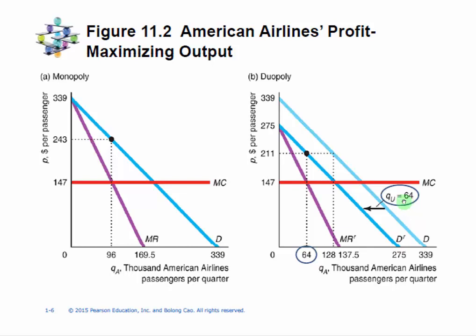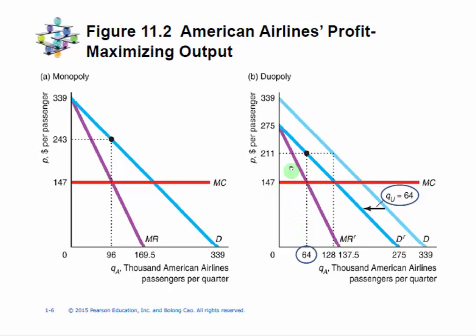So the residual demand faced by American Airlines will be 339 minus 64, which gives us 275. So 275 minus Q will be this residual demand DR faced by American Airlines. Then the residual marginal revenue curve MRR will be 275 minus 2Q. Again, American Airlines will try to maximize its profit by equating its marginal cost to its marginal revenue curve MRR here.